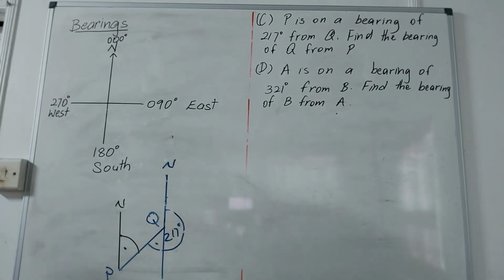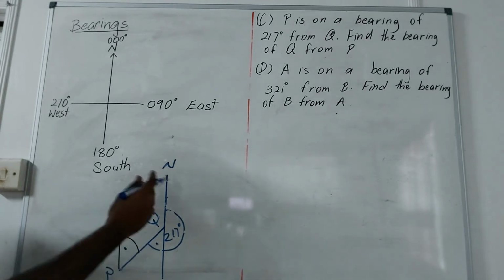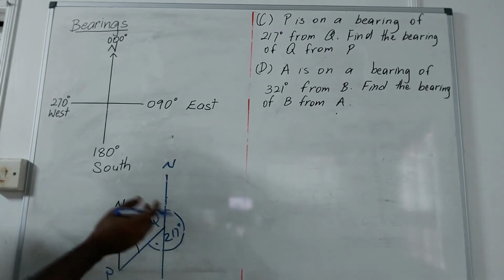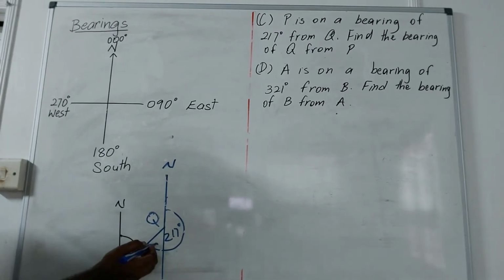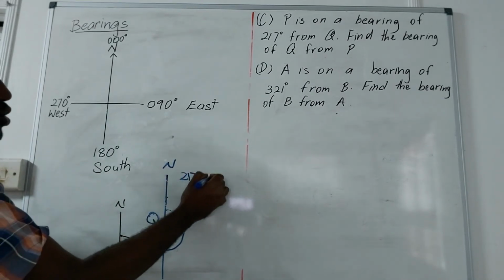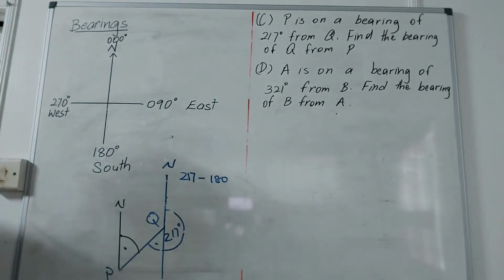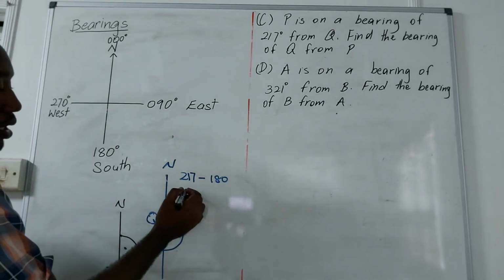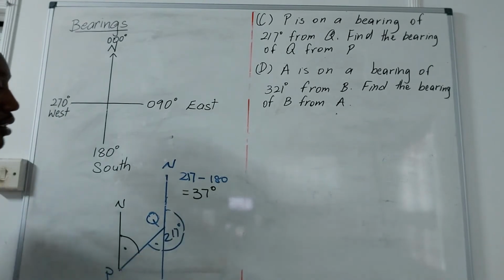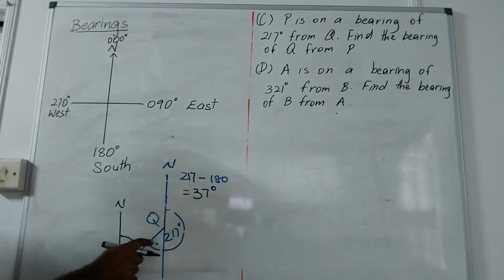Remember, if this straight line is 180, the difference of 217 and 180 will give me this angle. So 217 minus 180 will give me that angle, which is 37 degrees. So if here is 37 degrees, this angle here will also be 37 degrees.